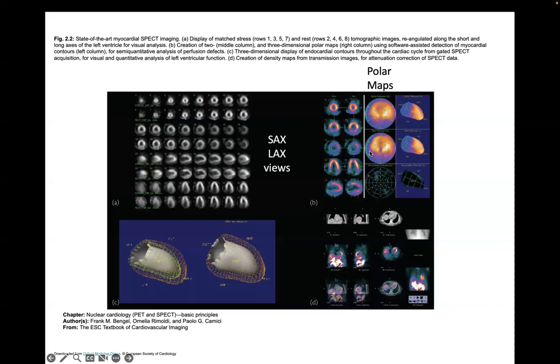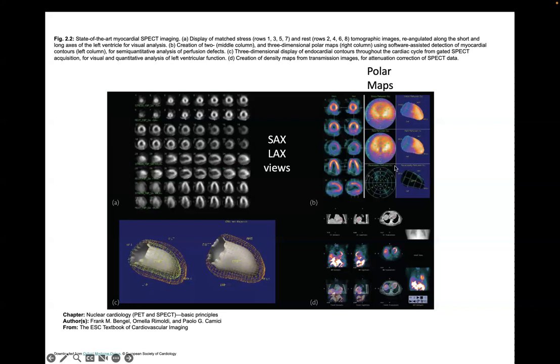And then as we move towards the middle, down towards the apex, we move down the heart this way, right? So base, move down to apex, and then this is the anterior wall. The patient's chest would be here above it. This is the lateral wall, so the left arm would be over here. This is the septum, so the right arm would be over here. And then this is the posterior wall, and so the patient's back would be down here.